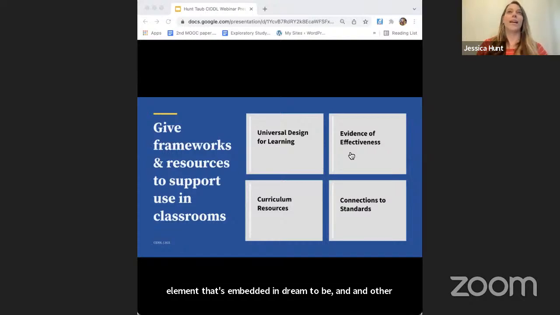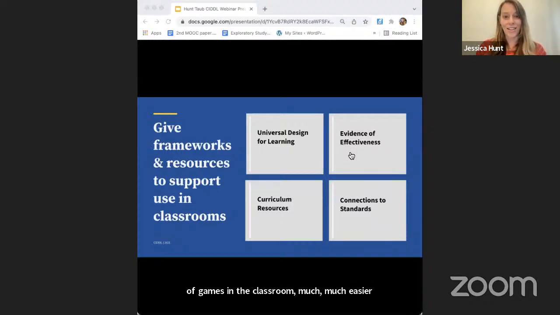If we can give teachers ways to talk with colleagues and administrators and other school personnel about how games can support access and advancement through things like universal design, it will actually make their use of games in the classroom much easier.